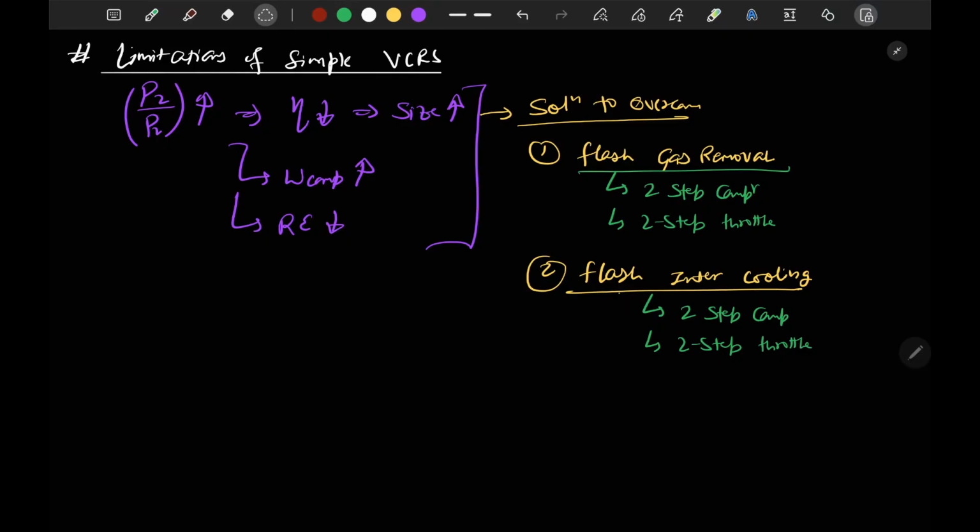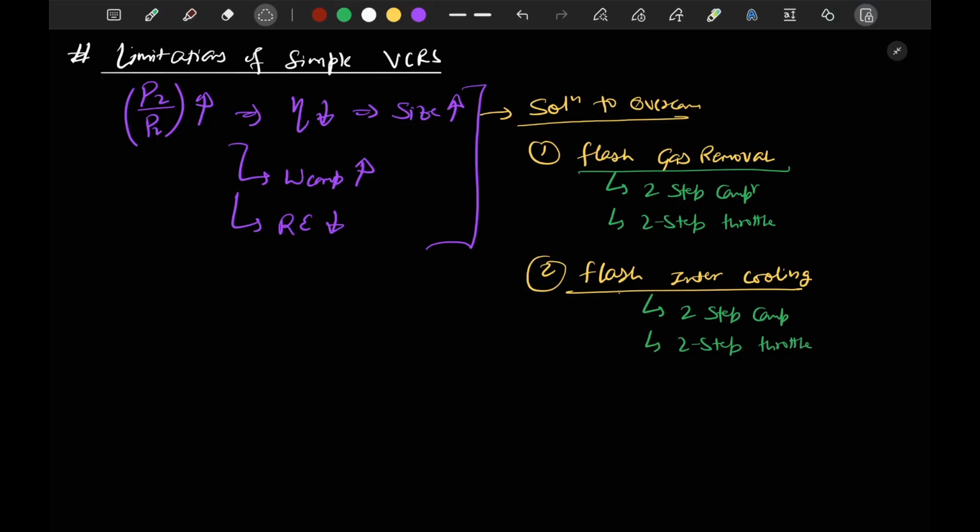Now, what is the difference? In case of flash gas removal, we throttle it between different temperatures. I will explain each of these, flash gas removal and flash intercooling, in detail further on.